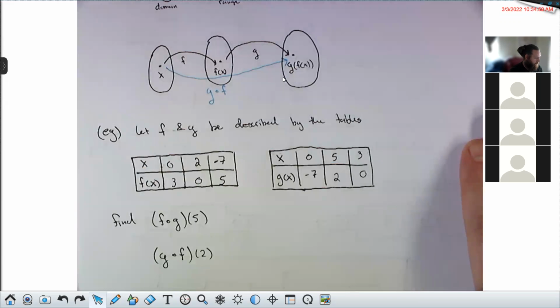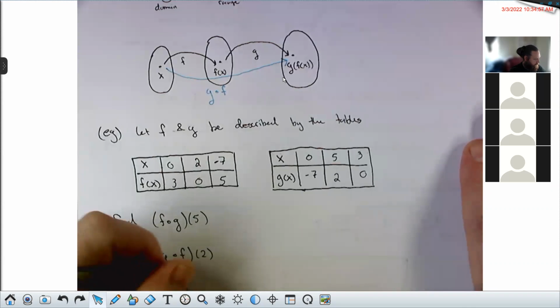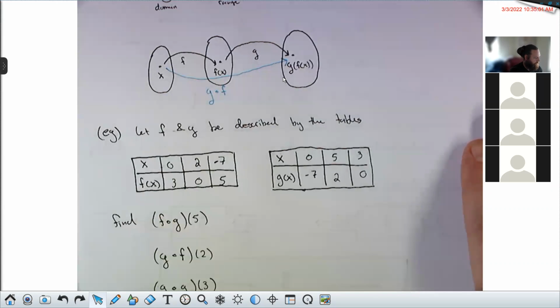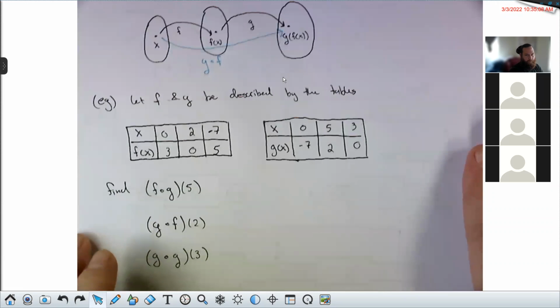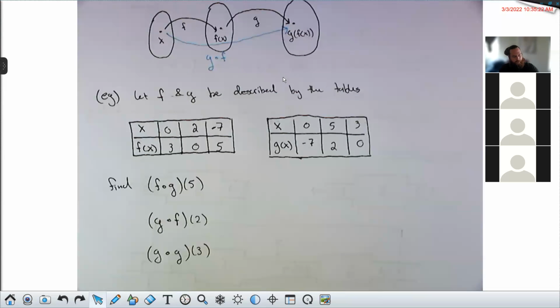We can find G of G of 3. That's enough. We'll just do these. So I don't have algebra expressions that I can plug in, right? I'm not going to get a formula here. So we need to work just with the tables and with the definitions.